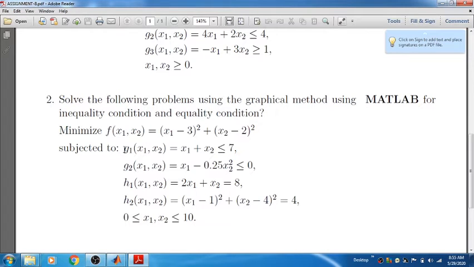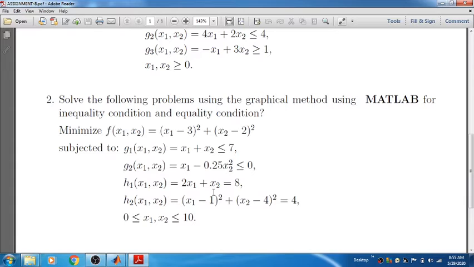And this is subjected to these two constraints G1 and G2, which we say are inequality constraints, and H1 and H2, which are equality constraints. But if you see, G2 and H2, these two are nonlinear, right? How can we handle this with MATLAB?